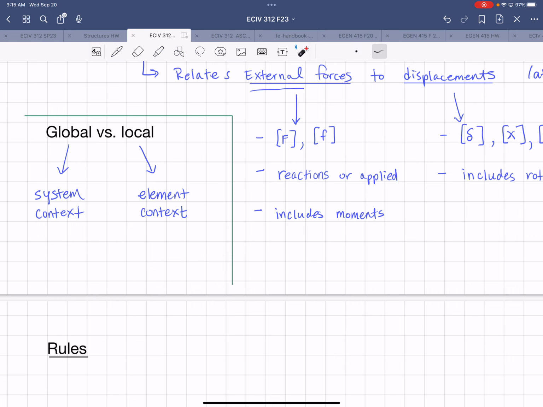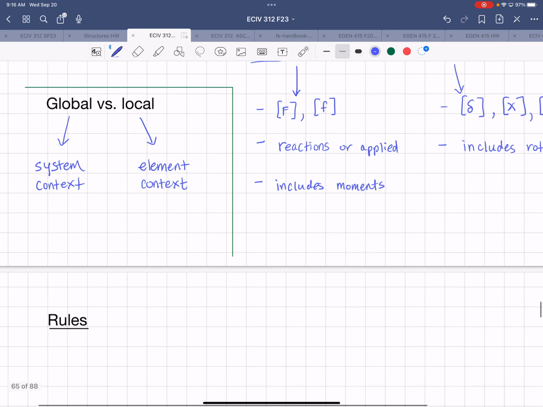And as you'll see when we apply this to trusses, we'll first solve the truss using global results, and then we will be able to take those global results, plug them into a formula to obtain local results for individual elements. So our global system is usually the traditional Cartesian XY, where we often use capital letters X and Y to distinguish it from local notations.